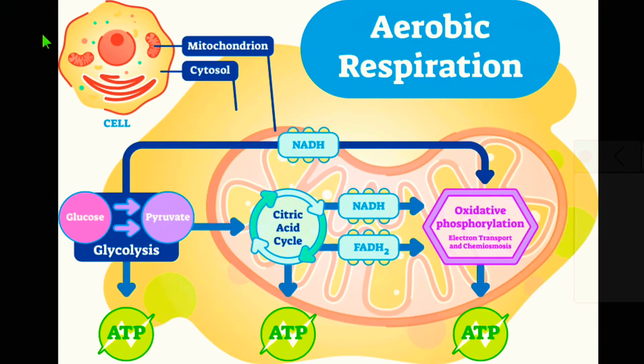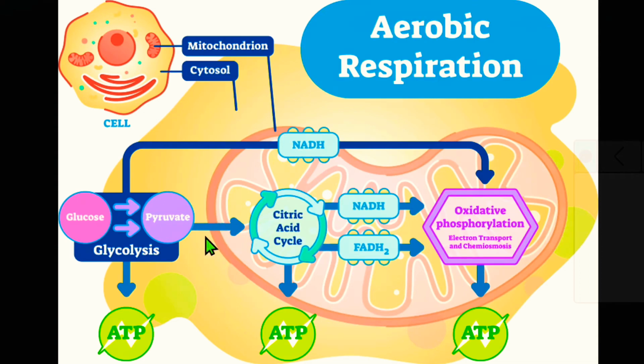This is the plant cell, this is the mitochondria, and this is the cytosol. In the cytosol, the anaerobic steps take place, and in the mitochondria, the aerobic respiration takes place. This is the first step, glycolysis, during which glucose is converted into pyruvate, and then pyruvate goes into the citric acid cycle or Krebs cycle through a link reaction.